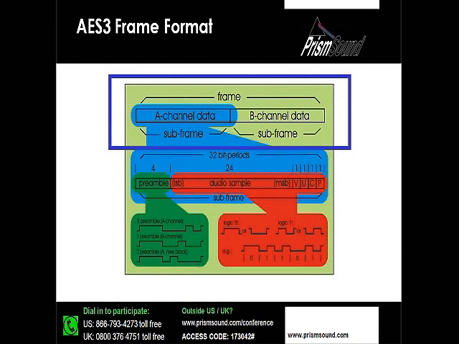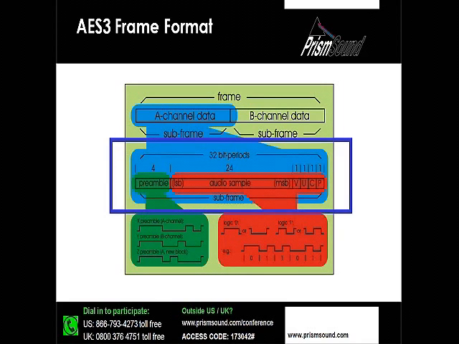So there's the frame, A and B channels, but we want to drill down and take a look at what's in one of those subframes. For all practical purposes, these subframes are identical.